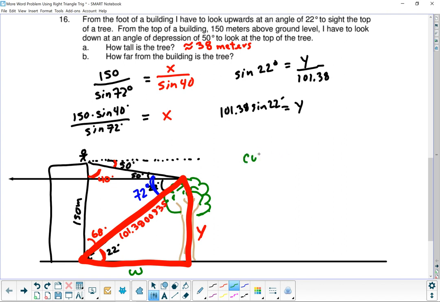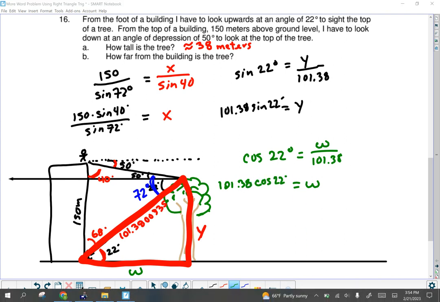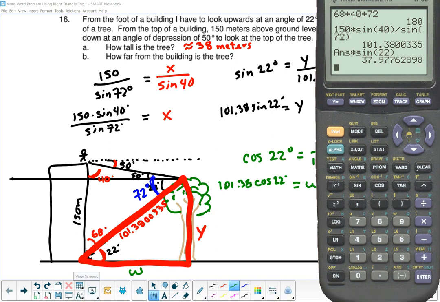Cosine 22 degrees equals adjacent W over hypotenuse, which is 101.38 and so on. If you multiply both sides by 101.38, you get W equals 101.38 times cosine 22 degrees. It's basically the same idea.